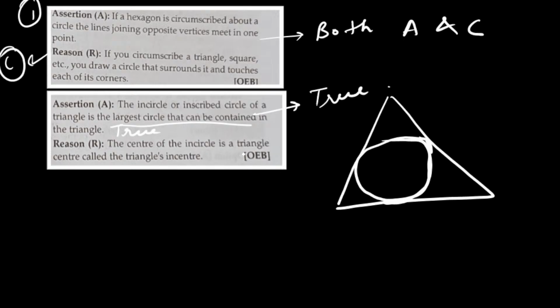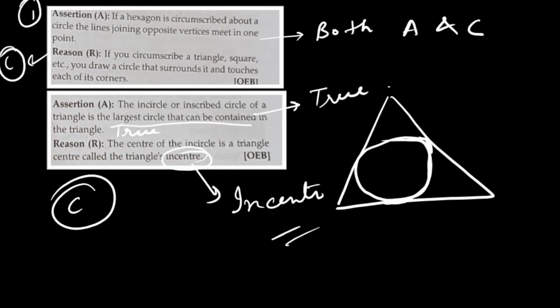The center of the incircle of a triangle is called the triangle's incenter. Is it true? Is the center known as the incenter of the triangle? Yes, it's known as the incenter only. This is known as the incenter of the triangle. So here also both are true. Both A and R are true for this question also.